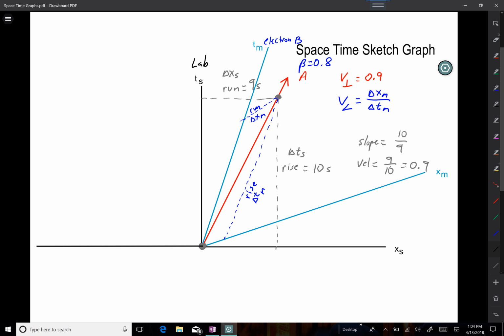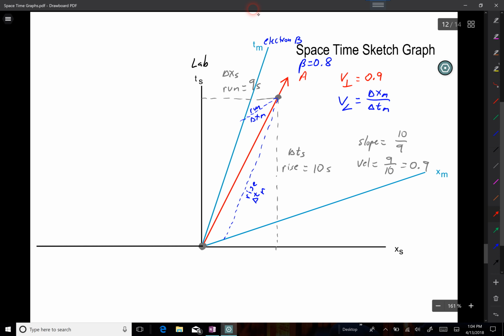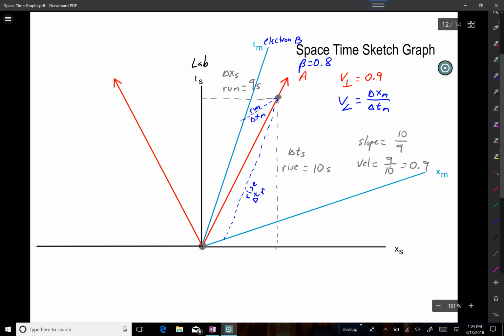I'm going to make a new world line for electron A. This is now electron A. This is electron A moving to the left, whereas this is electron A moving to the right.